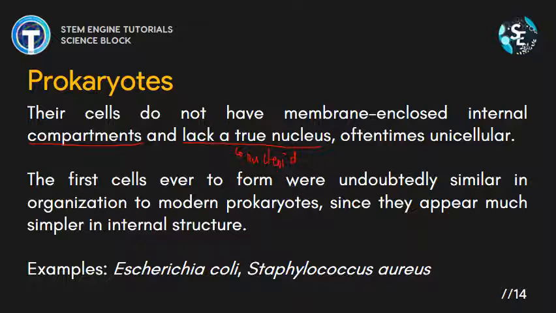So, ibig sabihin, kung ano yung nakita natin sa prokaryotes ngayon, most likely, ito din yung mga nakita natin sa ancient life, primordial life to be specific, dito sa Earth. So, ano ba mga examples ng prokaryotes? Gaya ng sabi ko kanina, such examples are Escherichia coli and Staphylococcus aureus, which are two of the most common bacteria that we can encounter in our daily life.